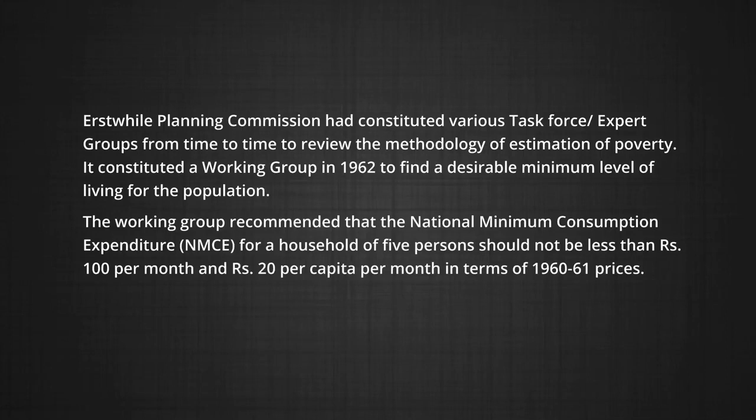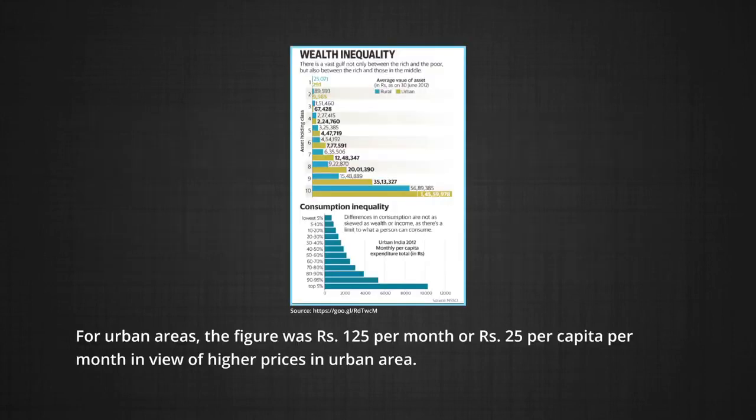The working group recommended that the national minimum consumption expenditure, popularly known as NMCE, for a household of 5 persons should not be less than rupees 100 per month and rupees 20 per capita per month in terms of 1960-61 prices. For urban areas, the figure was rupees 125 per month or rupees 25 per capita per month in view of higher prices in urban area.